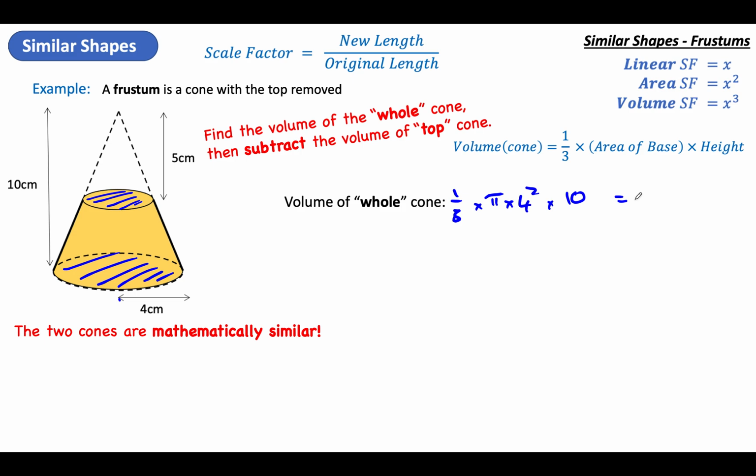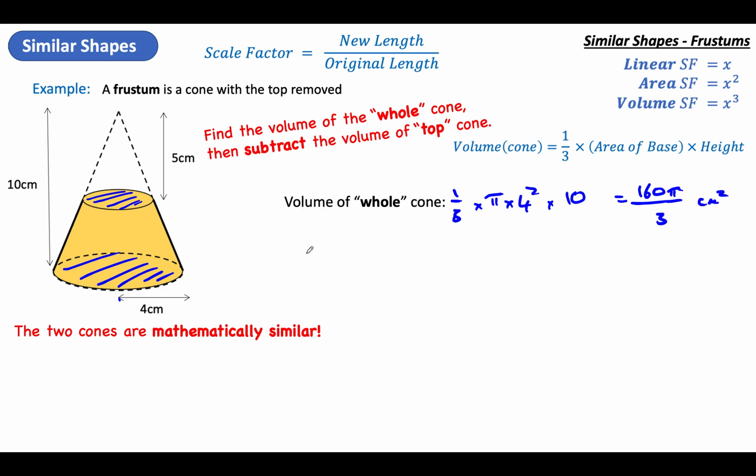So, in the calculator, 1/3 times by pi times by 4 squared, times by 10, which is the height. I'm going to keep it in terms of pi, because this makes things a bit easier. 160 pi over 3, and that's centimetres squared.